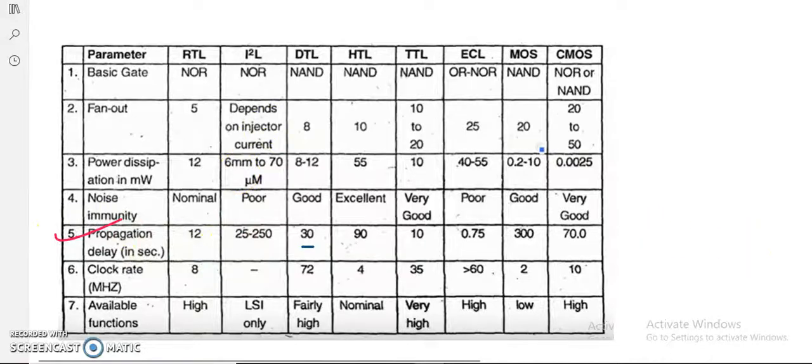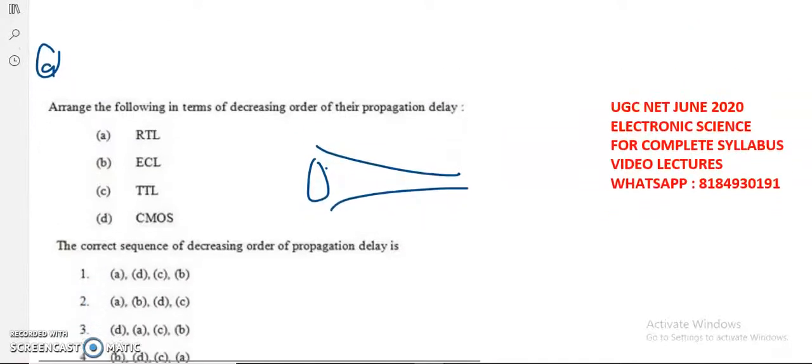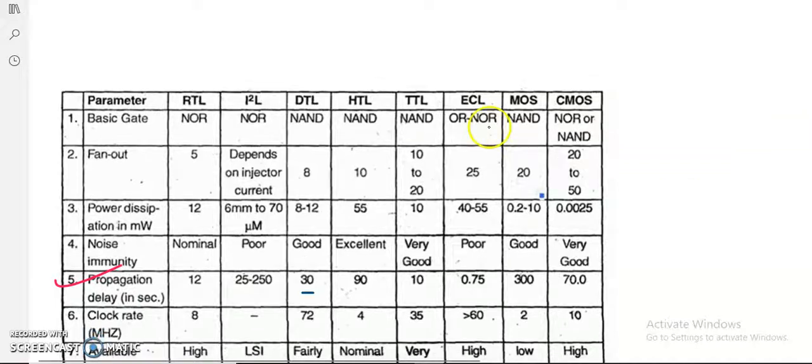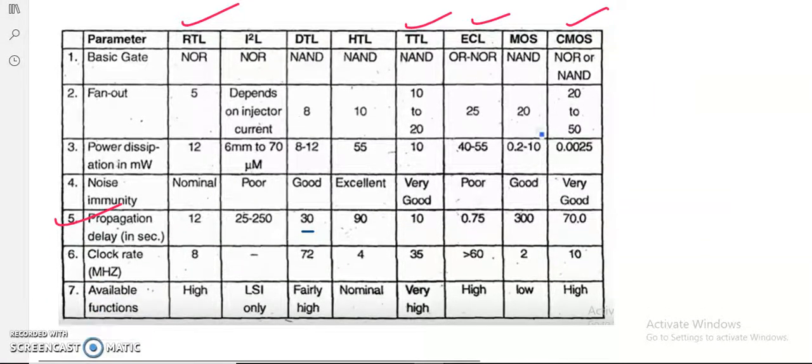In the given options, RTL, TTL, ECL, and CMOS are there. These four are given, so we will compare their propagation delays here.